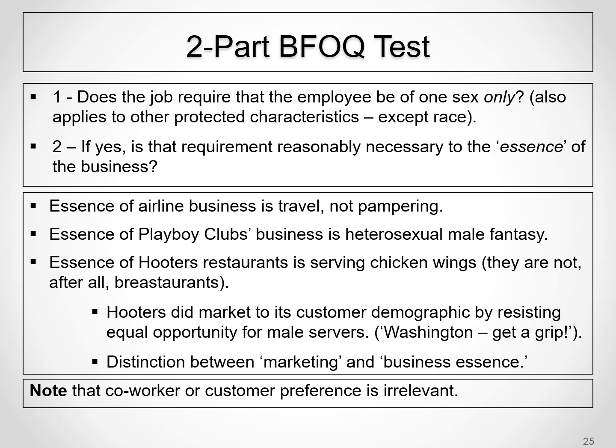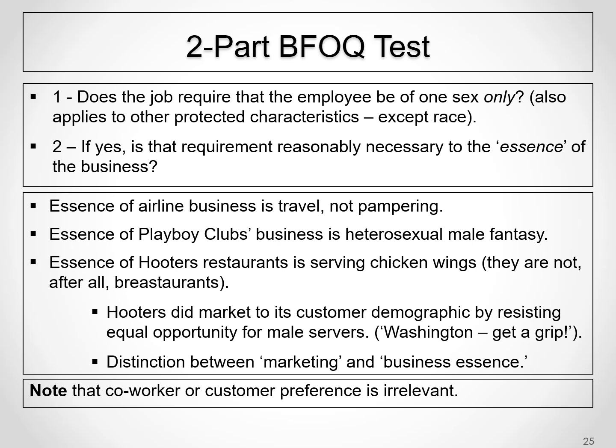The example that I have here is the Playboy Club's business. They were able to justify hiring women only because it was essential to their business. However, Hooters was not able to justify women only as servers because their primary business was serving chicken wings. It's a restaurant, drinks, that kind of thing.